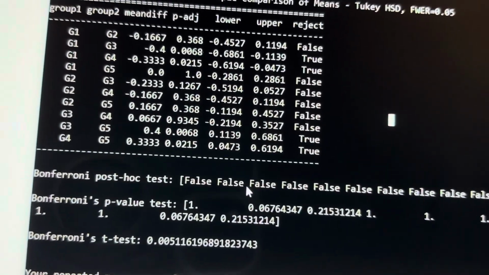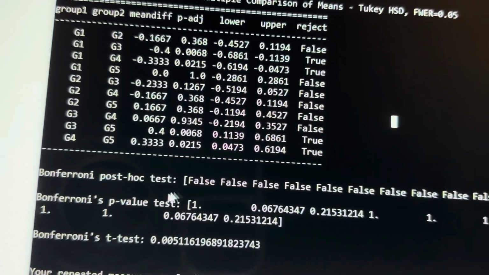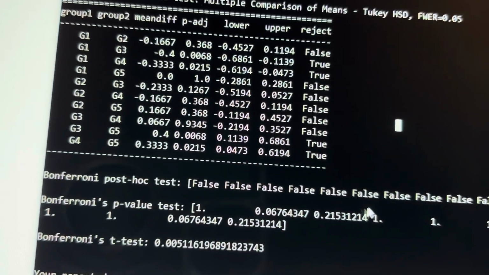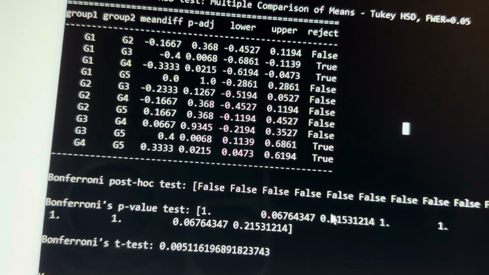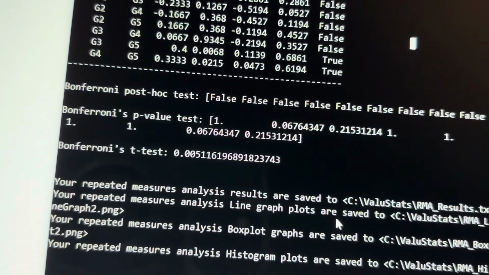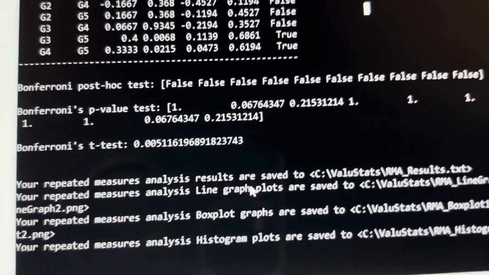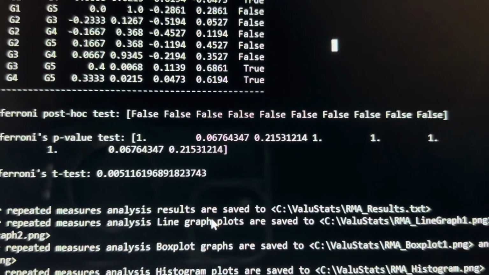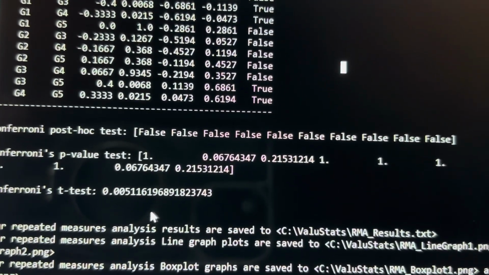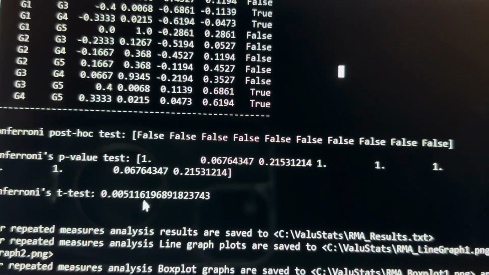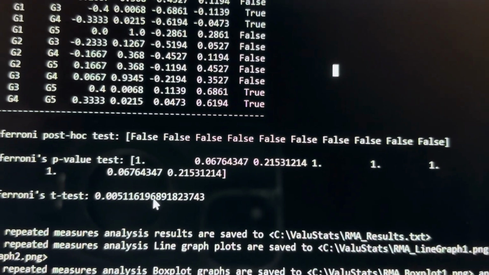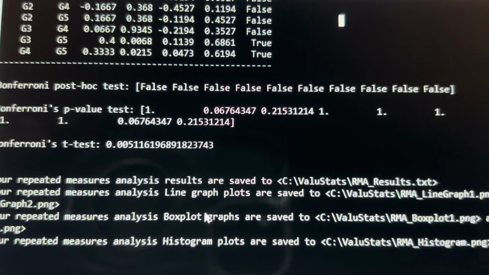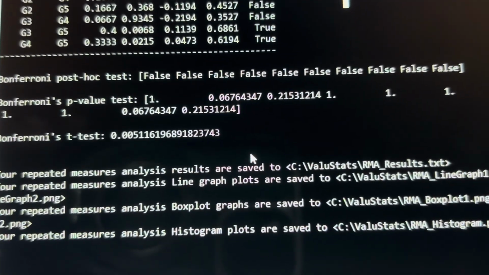Now, the post hoc test returns false for all of them. That is the Bonferroni post hoc test, and the Bonferroni p-value is this one, not significant anyway. And then the Bonferroni t-test is this, 0.000, and I believe that the p-value is significant there.